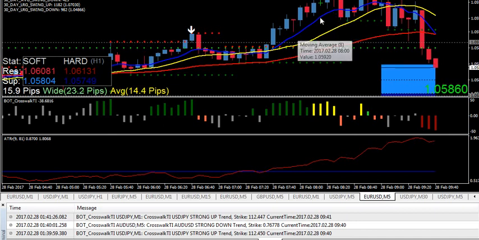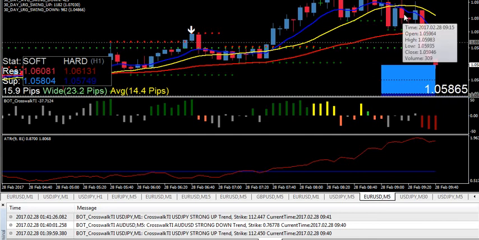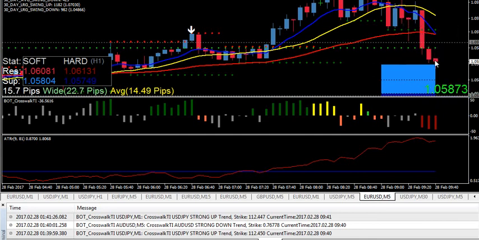Now, when there's that much of a push in that direction, and I know Germany is opening, sometimes there's a reversal that starts just before Germany, that little 30-minute gap before London opens, and you can catch it.